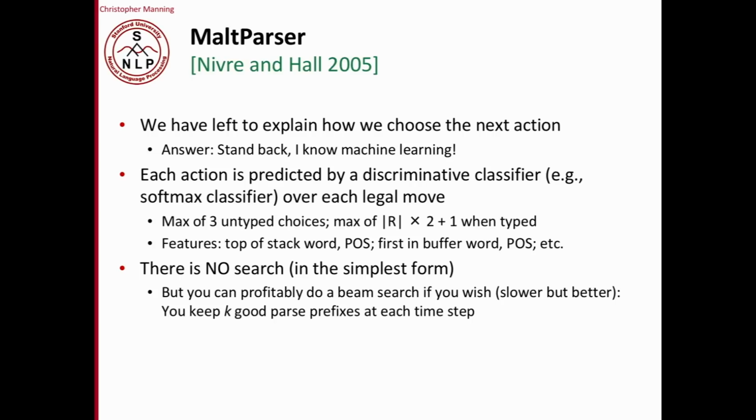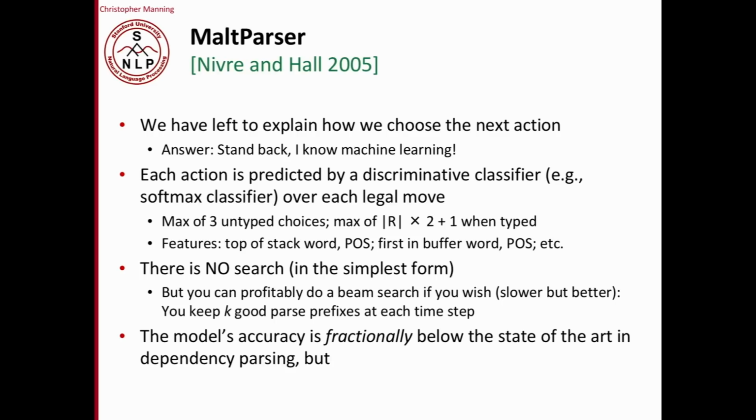And then it says, what you should do is left arc, and you left arc, and you run that through. And he showed empirically that even doing that, you could parse sentences with high accuracy. Now, if you want to do some searching around, you can do a bit better, but it's not necessary, and we're not going to do it for our assignment.